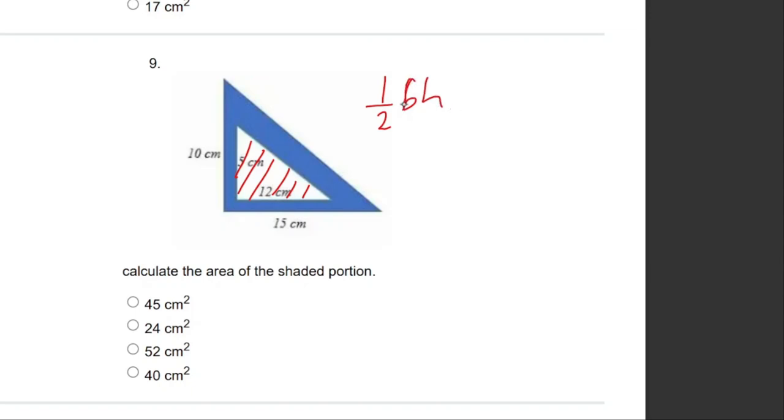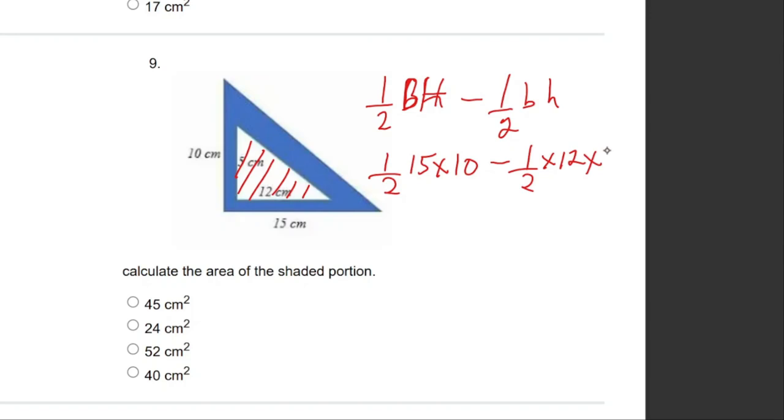So the base, let's use big one as capital H, minus half base times height. That is half. The base of the big one is 15, and its height is what? 10. Minus half times the base of this one, which is 12, times 5, which is the height. I hope this is clear.